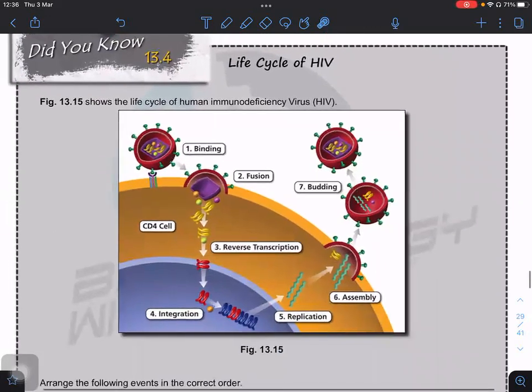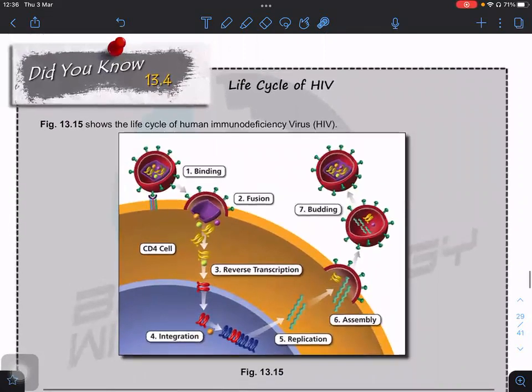So let's look at the life cycle of HIV. First, they have this glycoprotein, which can bind to the cell surface receptor on CD4 cells, remember, helper T cells. Once it binds, you can see that fusion takes place. The envelope releases the viral RNA.